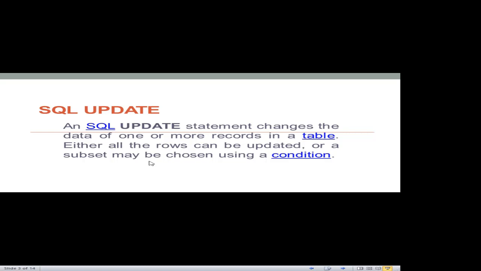A table is composed of one or more fields that has the capacity to hold an individual data of a particular record. So either all of the rows can be updated or a subset may be chosen using the condition.